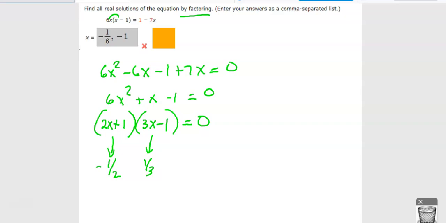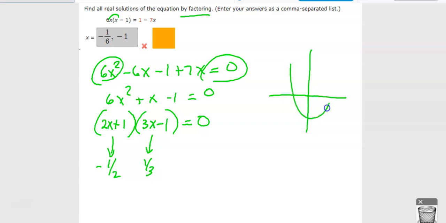Plug them back in to see if it actually works. Especially with quadratics, when it's set equal to 0, that means you're trying to find the zeros. If you remember when you graph a parabola, those are the zeros across the x line, the x-intercepts. That's where the zeros are on that graph.